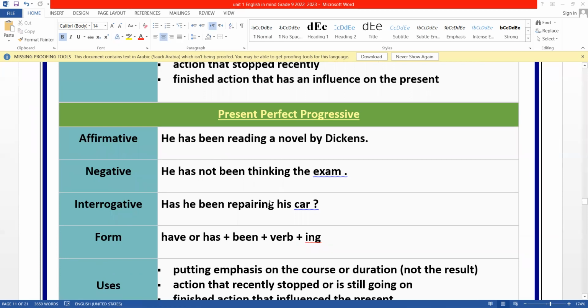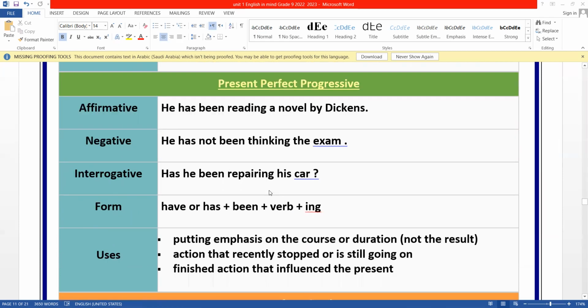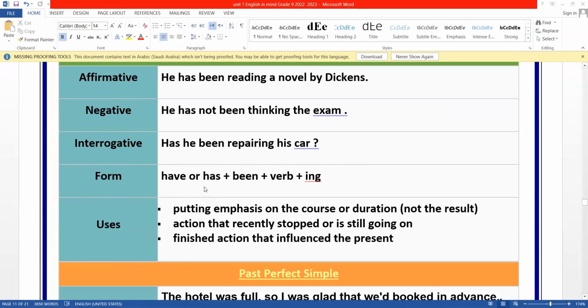Then we will talk about present perfect progressive. The form, for example, he has been reading a novel by Dickens. Negative, he has not been thinking about the exam. Interrogative, has he been repairing his car? The form, we use have or has plus been plus verb plus ing.